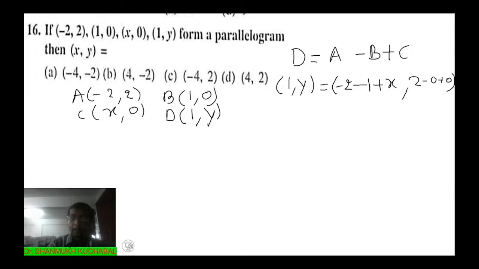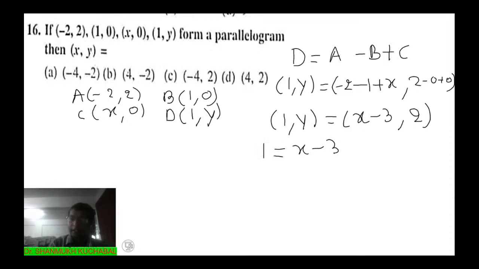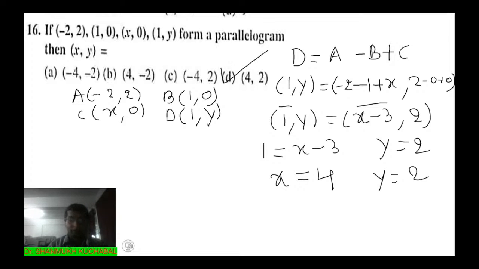If we simplify we get (1, y) on one side and (x minus 3, 2) on the other. So 1 equal to x minus 3. Equating the first coordinate with the first, and the second with the second, we get y equal to 2. On simplifying we get x equal to 4 and y equal to 2. Therefore option D, (4, 2), is the right answer.